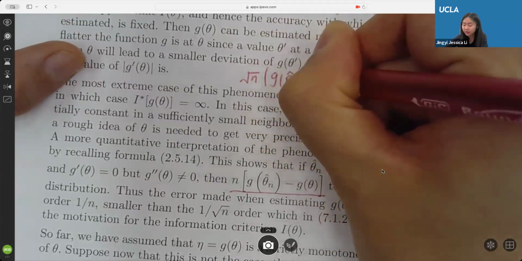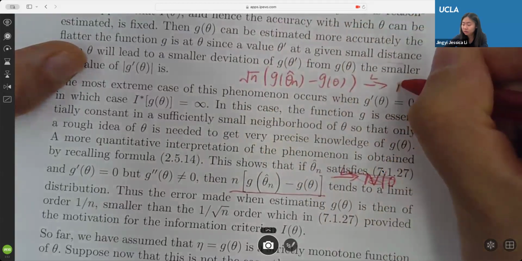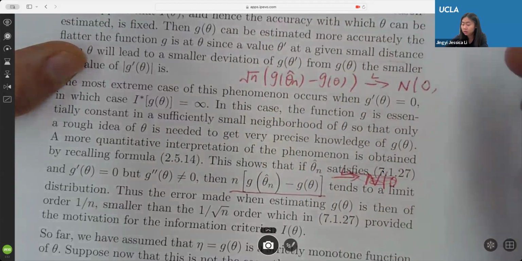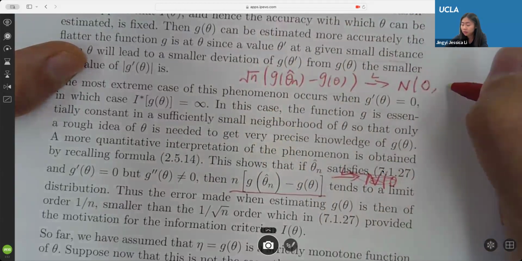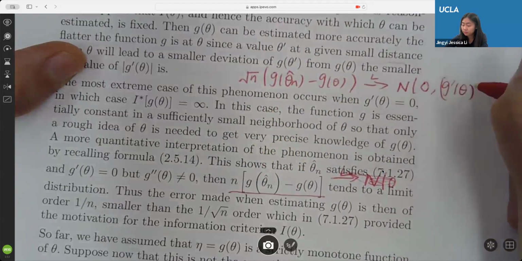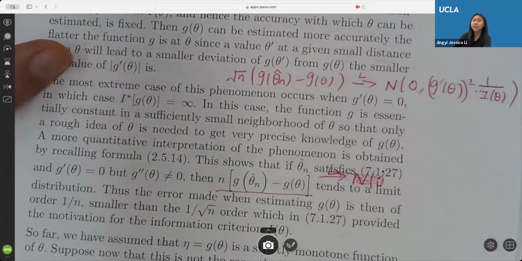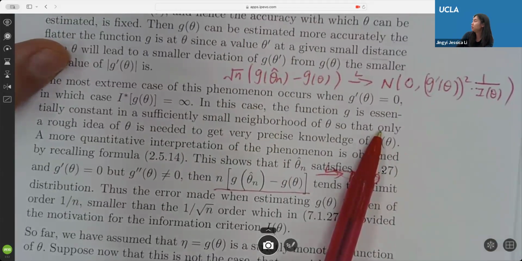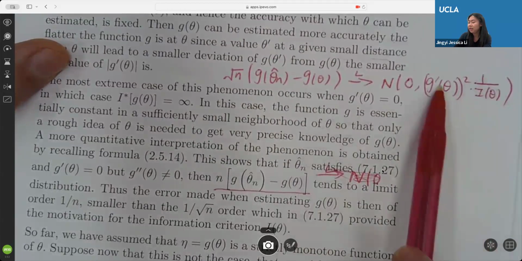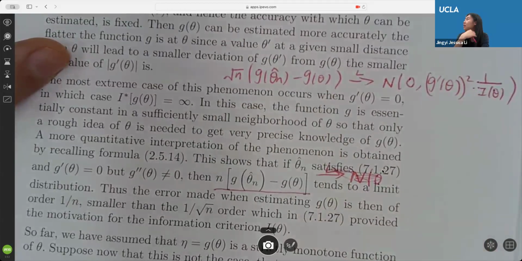g theta hat n minus g theta converges in law to... okay, this is what the delta method should tell us, because I'm just taking the asymptotic normality of the MLE and then applying the delta method.